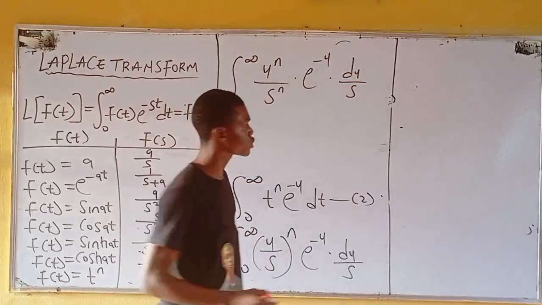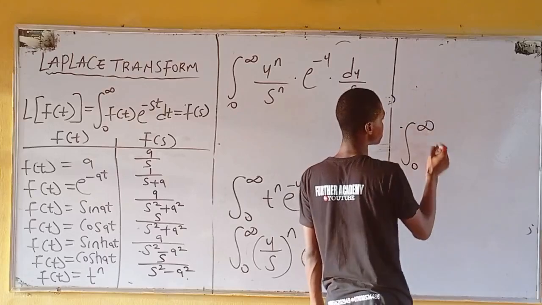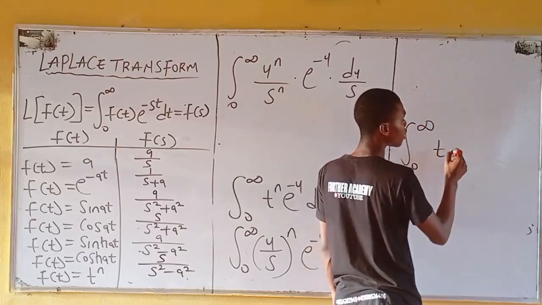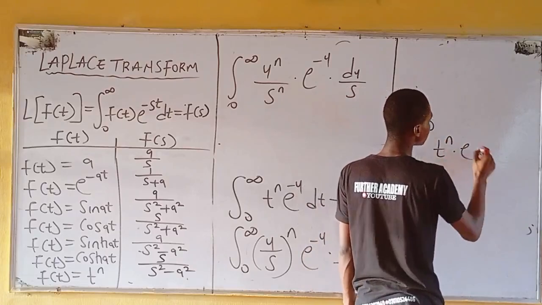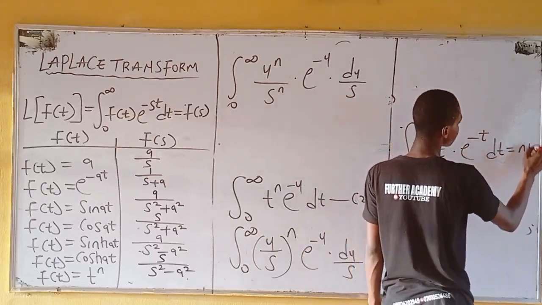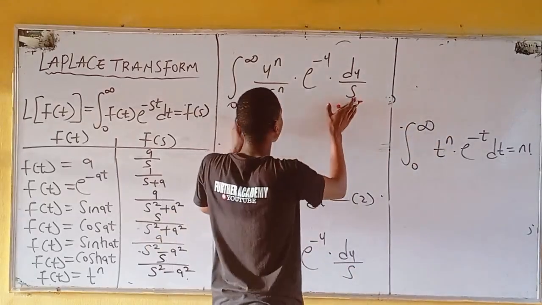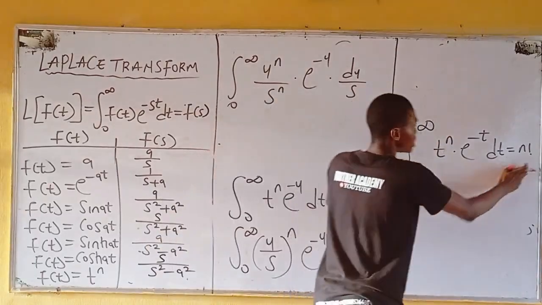By the gamma function, the integral from 0 to infinity of t raised to the power of n, multiplying exponential of negative t dt, is equal to n factorial. Up to this level, I must express this integral in this manner.